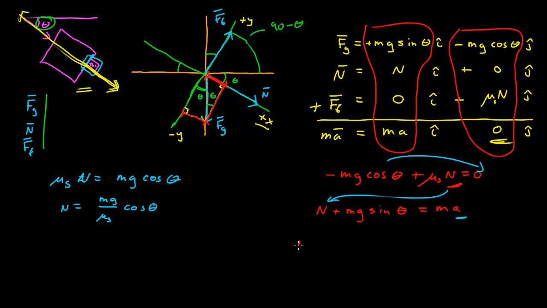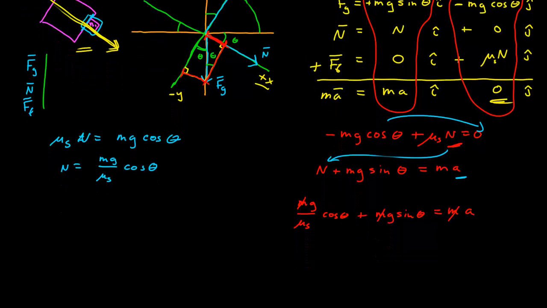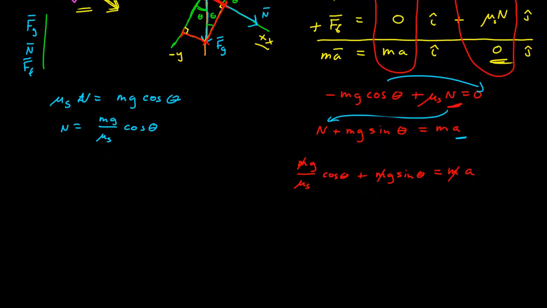I have here mg over mu sub s cos theta plus mg sine theta is equal to ma. My m's drop out, and I have a solution for a. But I want to understand what that means.